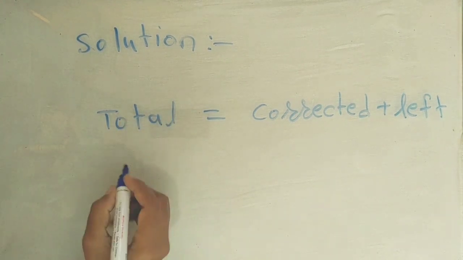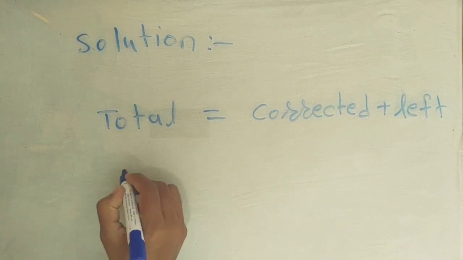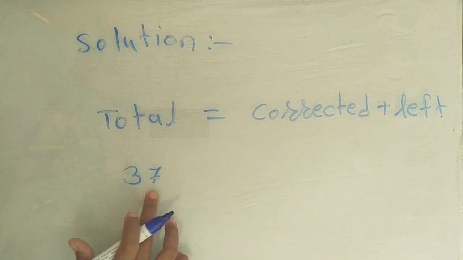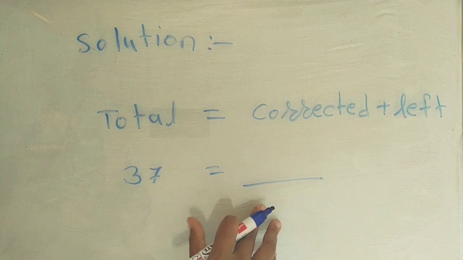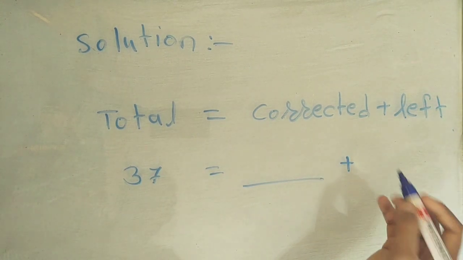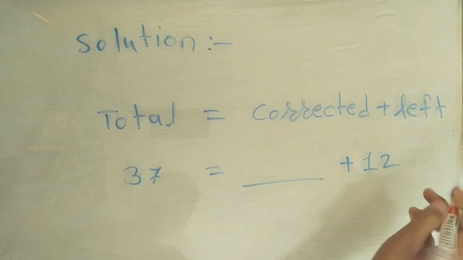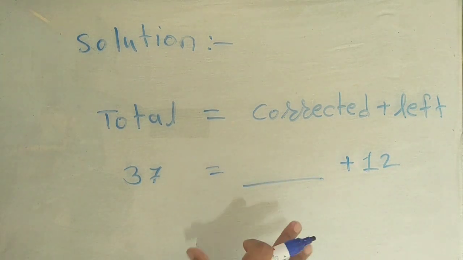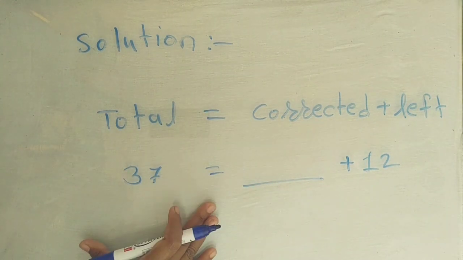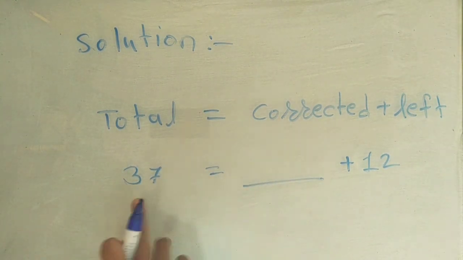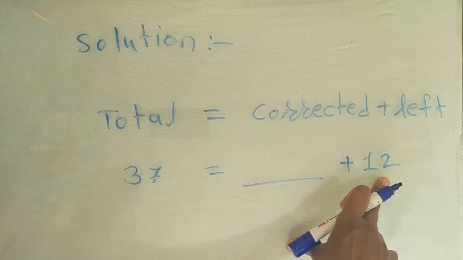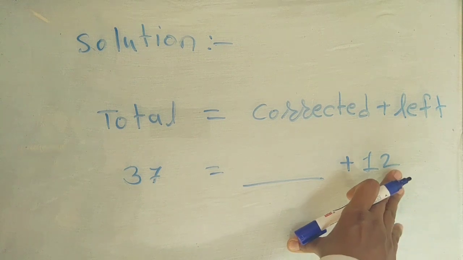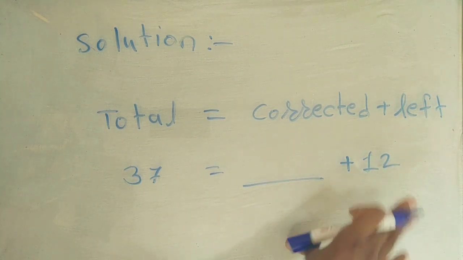So the total number of books we know is 37. We know 37 equals corrected, which we are not knowing, plus left. How many are left? 12 are left. That problem you should write in your notebook, otherwise you will not understand it. Now see, 37 are total, corrected we are not knowing, and 12 are left.